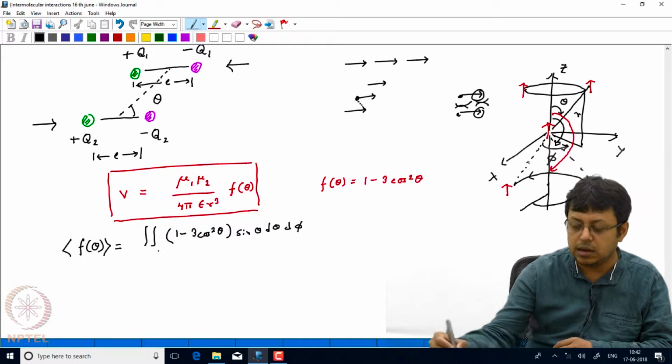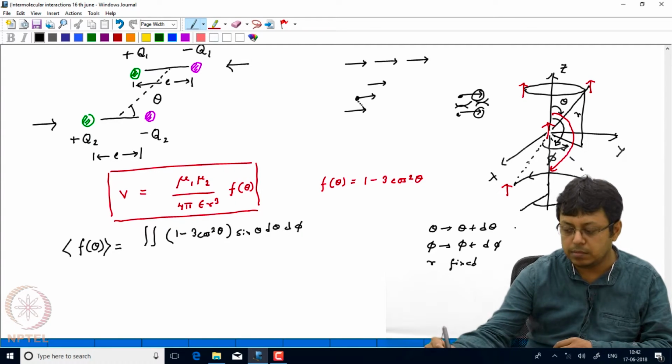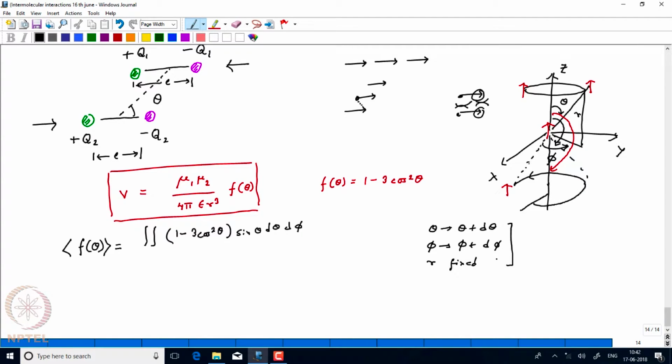Originally, this area swept, if I go from theta to theta plus d theta and phi to phi plus d phi for fixed r, you can easily calculate that this area will be r square sin theta d theta d phi.